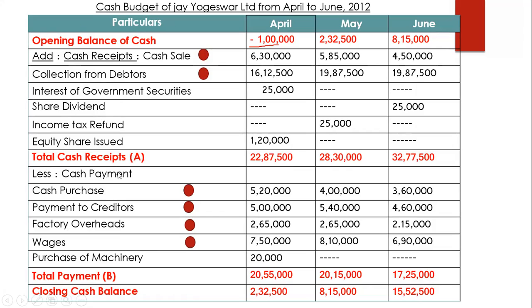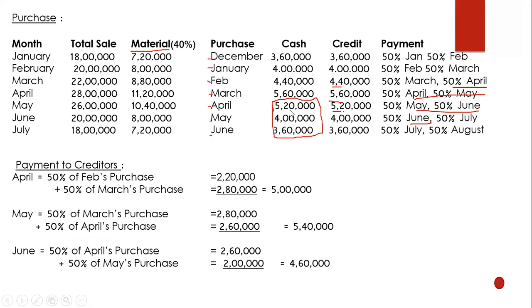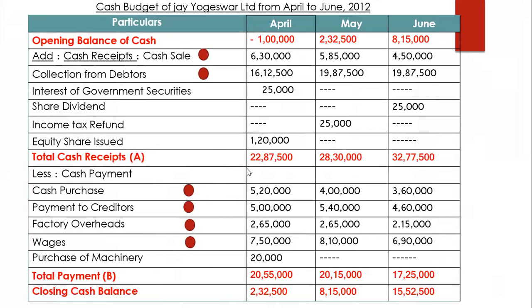Okay. Now we will minus the cash payments, first cash purchase. So now let's go back to see the amount of cash purchase. Our cash purchase is 5,20,000, 4 lakh, and 3,60,000. So let's write down 5,20,000, 4 lakh, and 3,60,000.